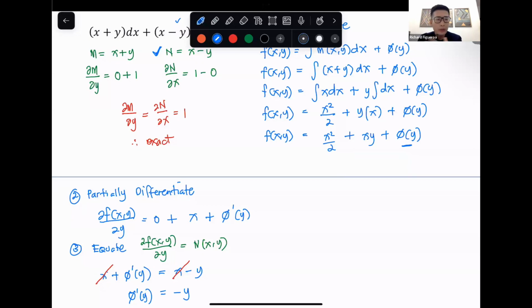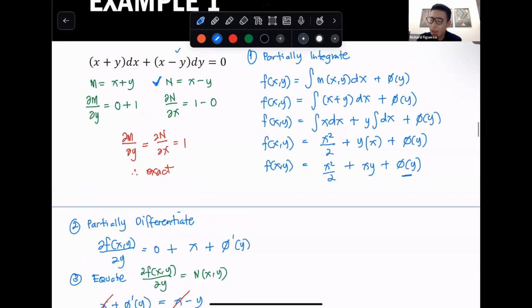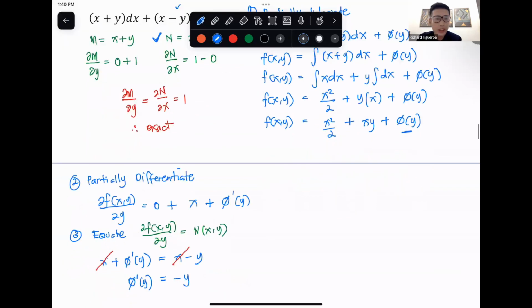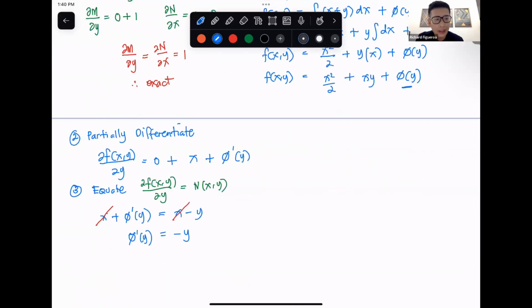Pero kung ang first step mo, ang partially integrate mo is the n function, pag nag-equate ka, equate mo siya sa m naman. Baligtad naman siya. Okay?